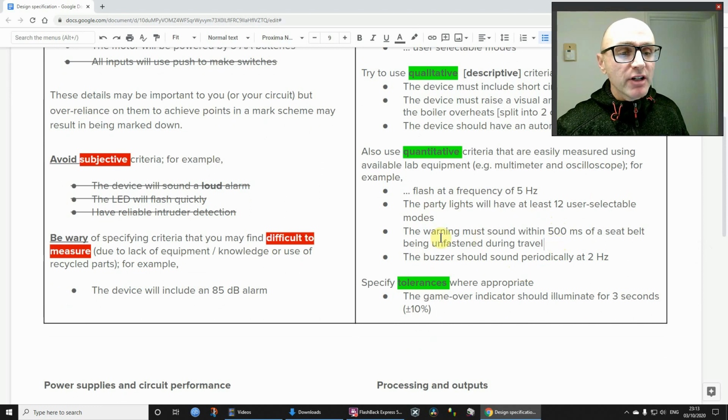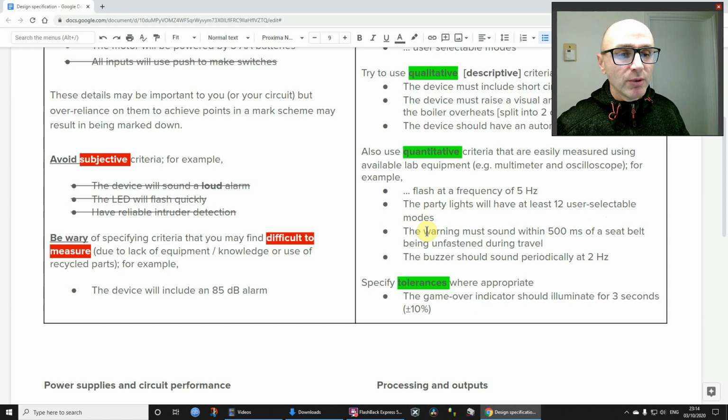Okay, let's say you were doing some sort of alarm system, maybe for safety, seatbelts, or maybe a pram or whatever. If it's a safety system, you might want the warning to come on pretty quickly. So that would be a good thing for a measurable criteria.